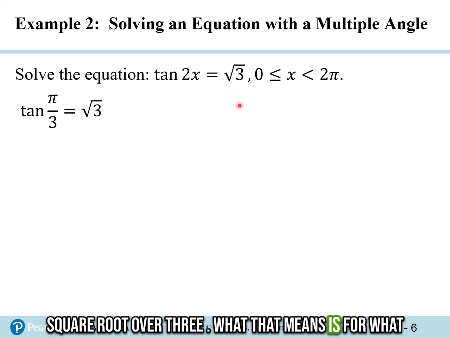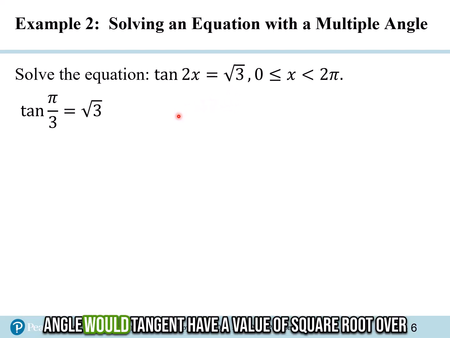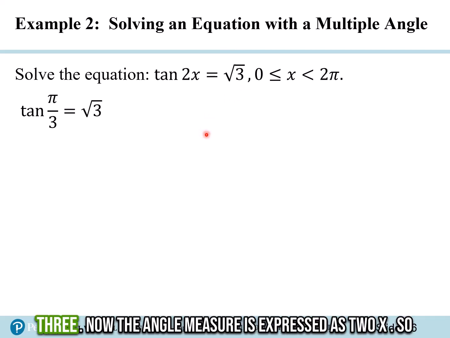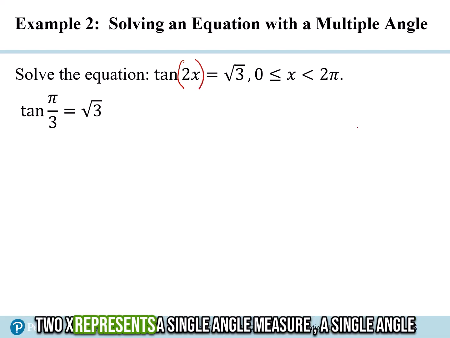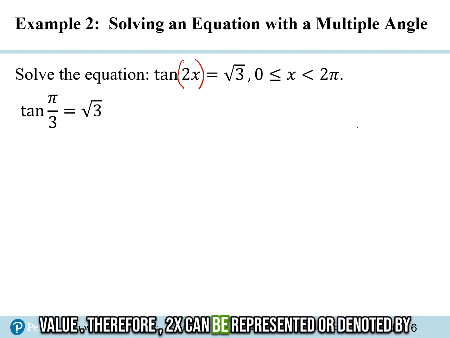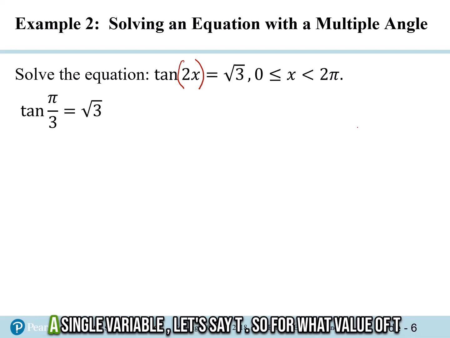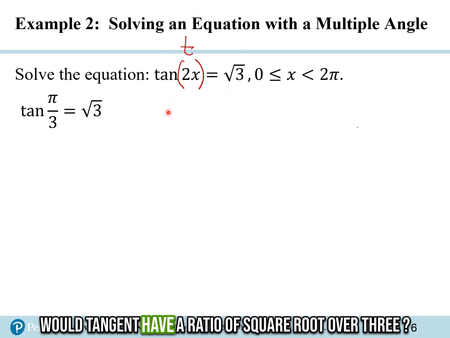What that means is, for what angle would tangent have a value of square root over 3? Now, the angle measure is expressed as 2x. So 2x represents a single angle measure, a single angle value. Therefore, 2x can be represented or denoted by a single variable, let's say t. So for what value of t would tangent have a ratio of square root over 3?